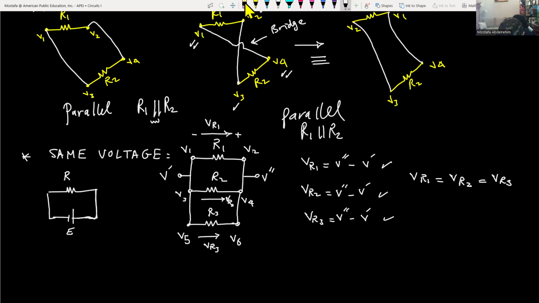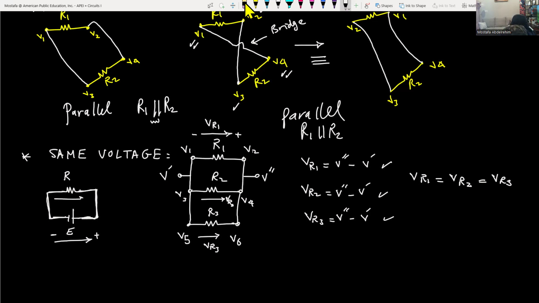The right terminal of the battery is exactly the right terminal of the resistor, and the left terminal of the resistor is exactly the left terminal of the battery. The battery has a voltage E, and we're going to explain in the future that the battery has a direction of the voltage like that, because the long terminal is the positive, and the short terminal is the negative.